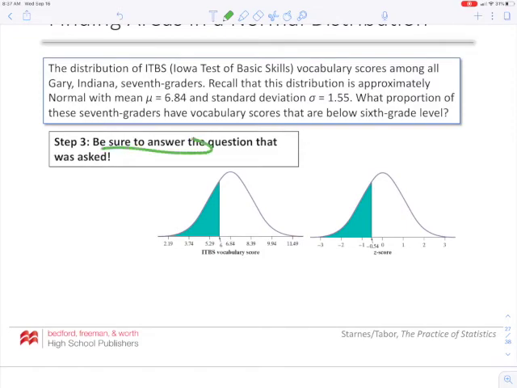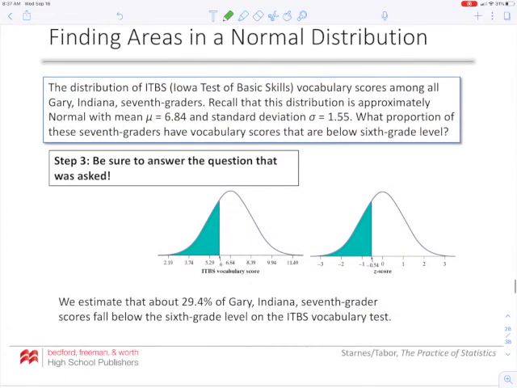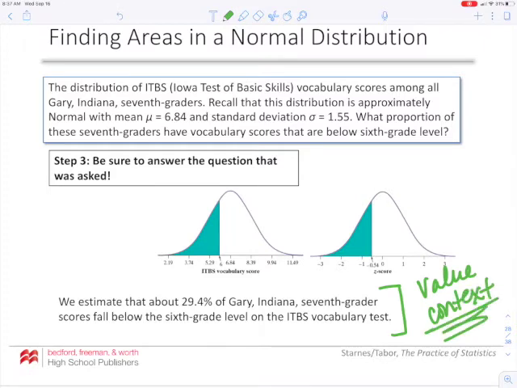The last part, though, is answer the question. Don't just give the value. So the answer is, we estimate that about 29.4% of Gary, Indiana 7th graders' scores fall below the 6th grade level on the ITBS vocabulary test. We have the value and we have context.